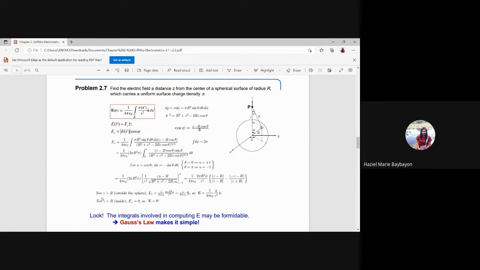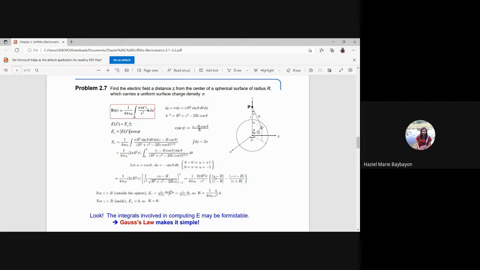Okay? So, if z is greater than r, meaning to say the point is outside the spherical surface, it is outside the sphere, then E sub z is equal to 1 over 4 pi epsilon naught 4 pi r squared sigma over z squared. Okay, so what happens?